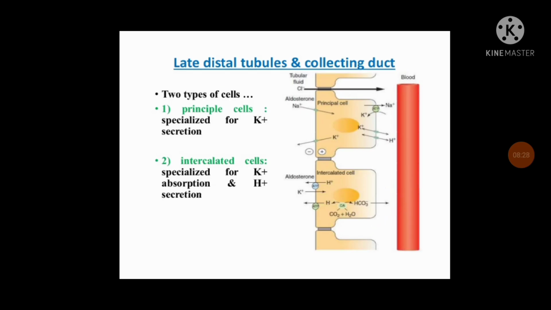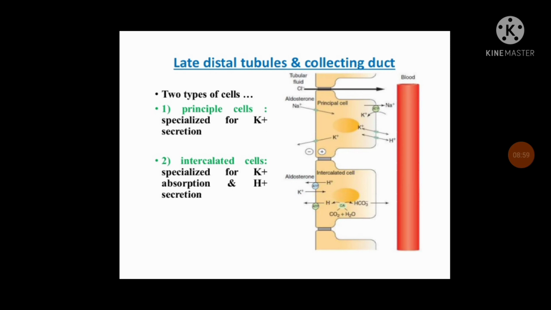Another different types of cells found in the late distal tubules and collecting duct are the principal cells and the intercalated cells. The principal cell reabsorbs sodium and excretes potassium, whereas the intercalated cells secrete H plus ion by antiporting the potassium.